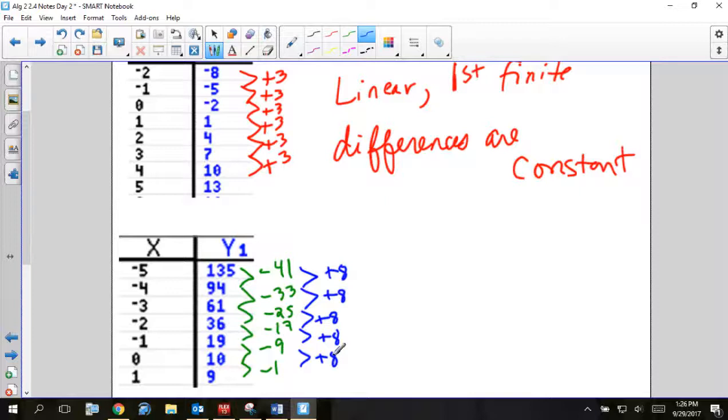If you get 3 of them in a row, probably it is going to continue the pattern. Was this constant for the second finite difference? So what kind of function is this one? Quadratic.